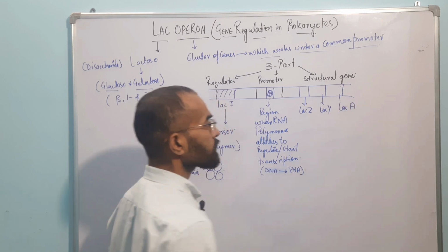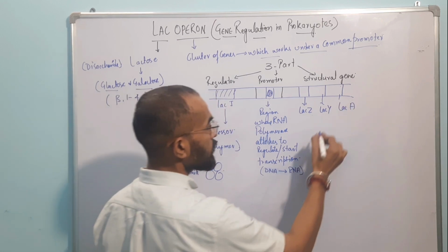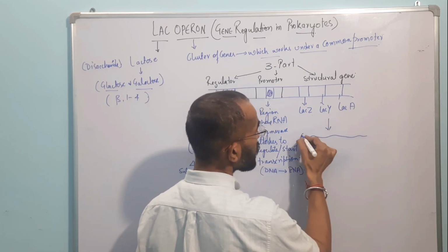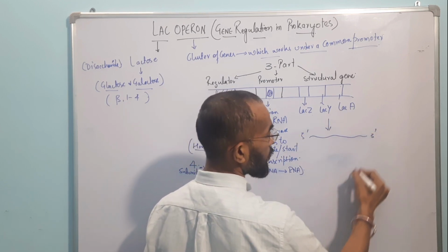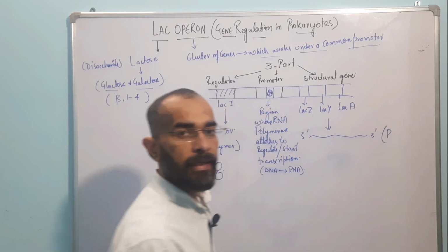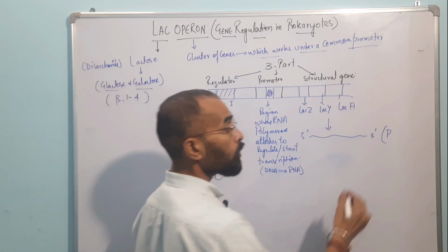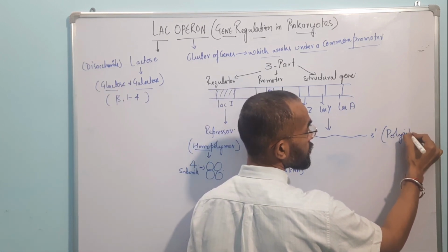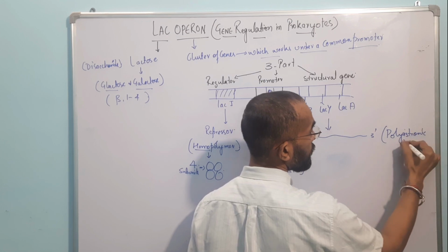Okay, so these on transcription form a 5' to 3' mRNA, and we say that it is a polycistronic mRNA.